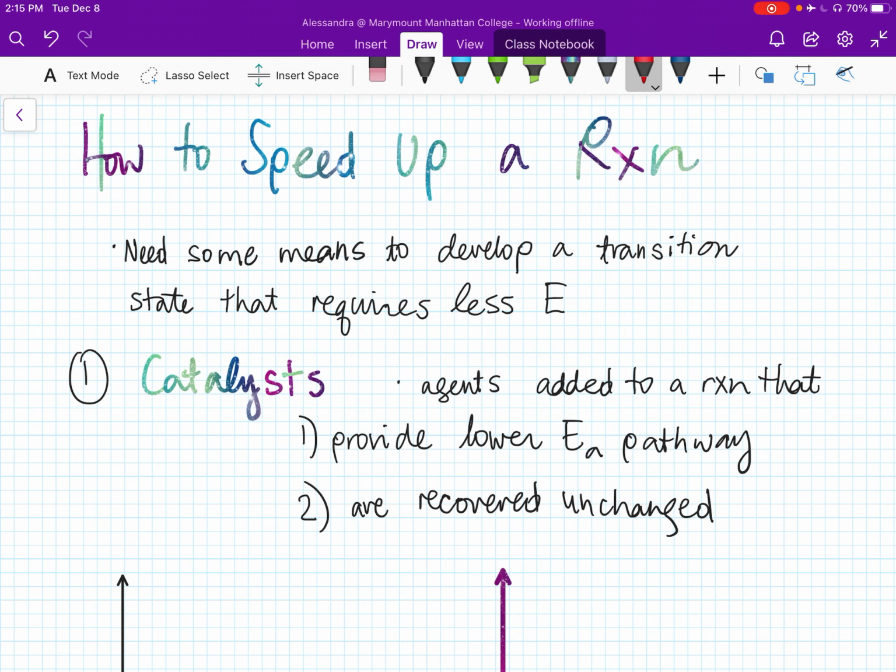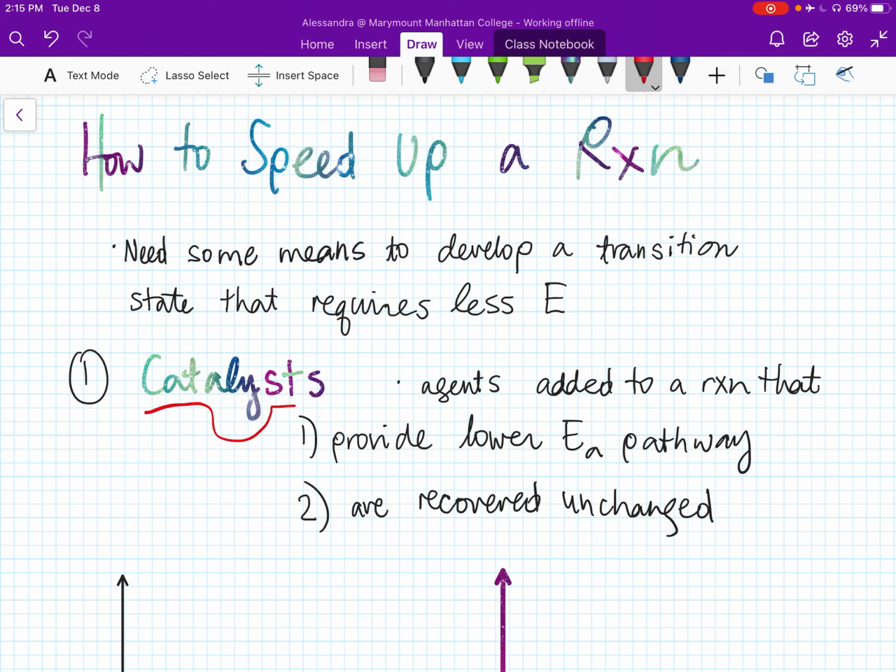The first way is by throwing in a catalyst. Okay, so catalysts are agents added to a chemical reaction that do two things. They provide a lower activation energy barrier, and they are recovered unchanged from the chemical reaction. So catalysts are species that you add to a chemical reaction that are not reactants.